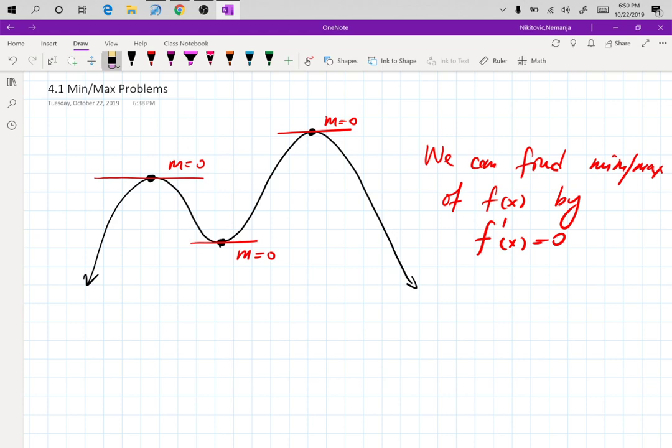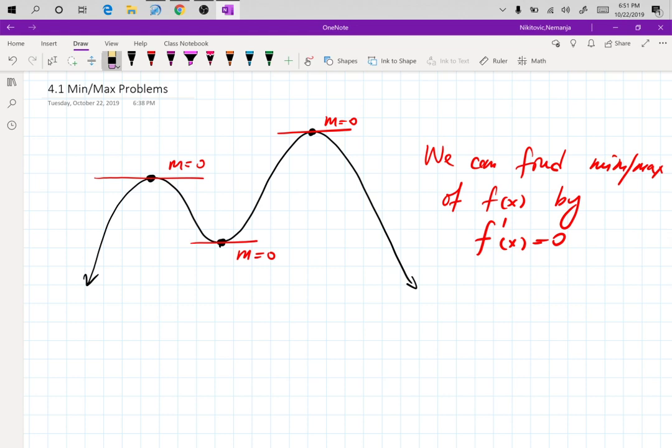Now, before we get there, let's first talk about 2 different types of min and max that you can get. We see that these 2 max values are not the same, right? One is higher than the other. So the higher max value would be called an absolute max.